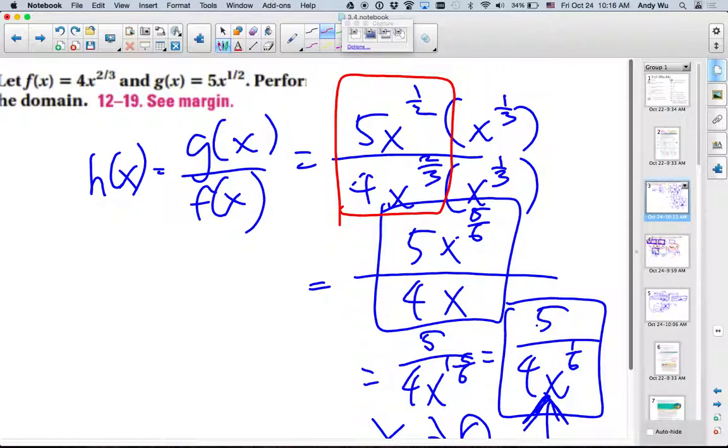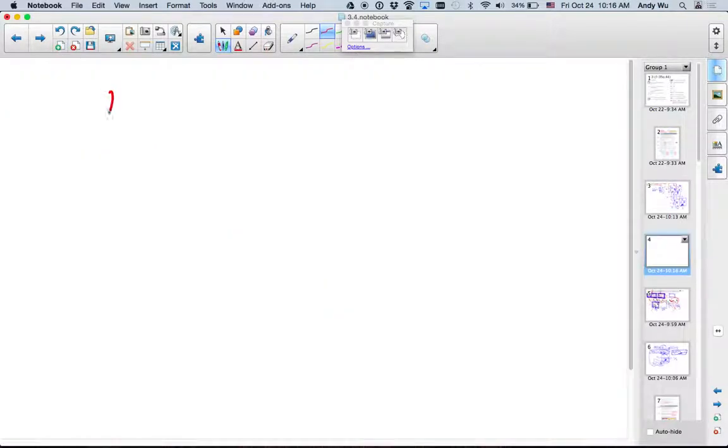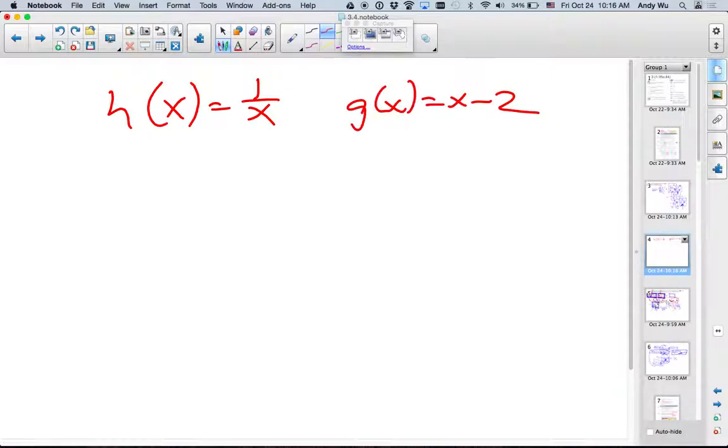Let me give you a scenario that depends more on the h than the f and g. Let's say h is 1 over x, which means the domain is non-zeros. And g of x is x minus 2.